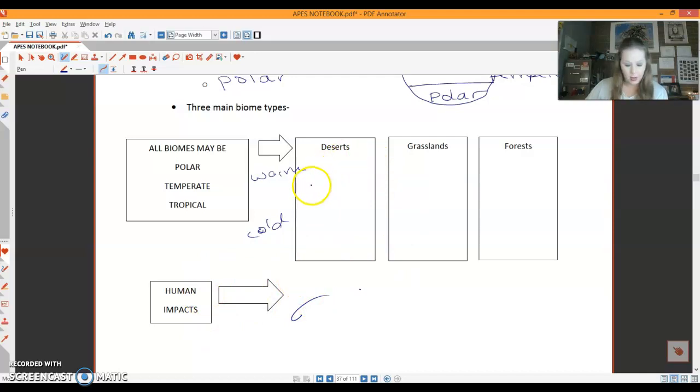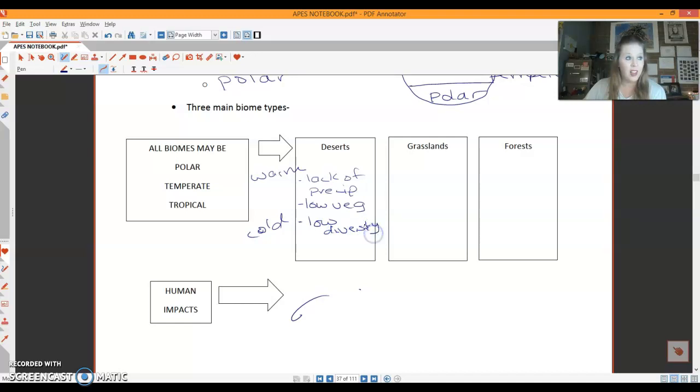We know that they have a lack of precipitation. Sorry, y'all, my handwriting's getting really rough. Lack of precipitation, low vegetation, low diversity.